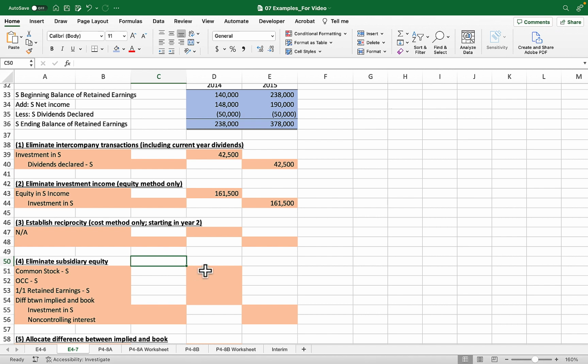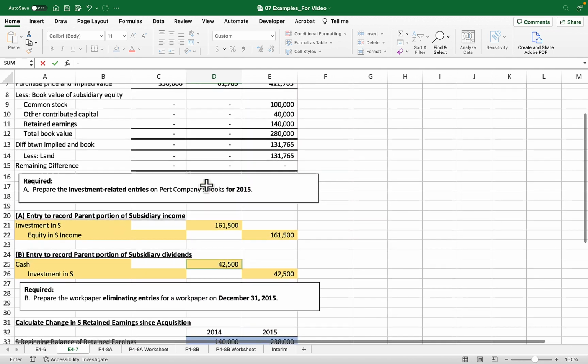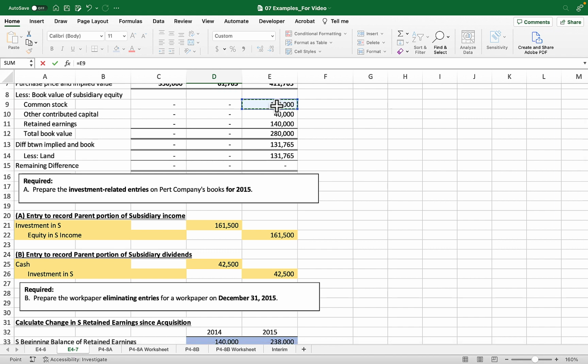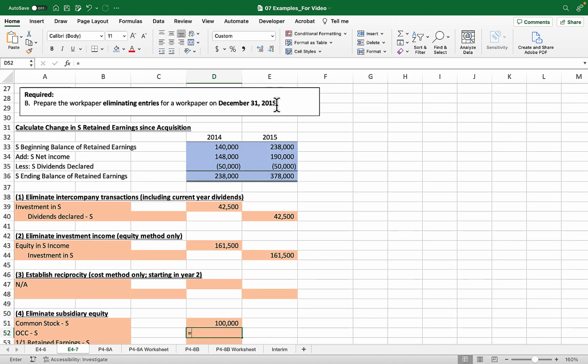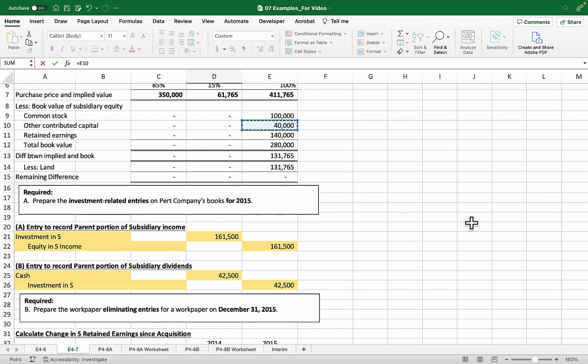Okay, so the numbers that don't change are the easiest place to start. So common stock and other contributed capital won't change just because our book is nice to us. We don't get to that particular complication. So for the whole course of this class, we're not going to get to that. Then other contributed capital was $40,000 on the date of acquisition.